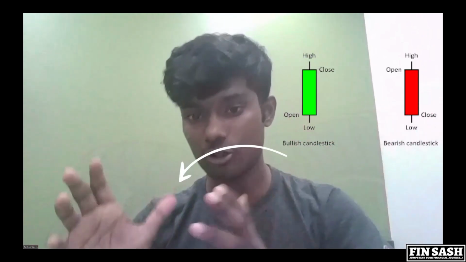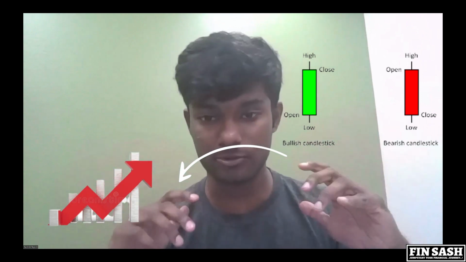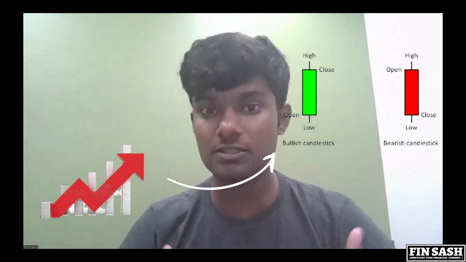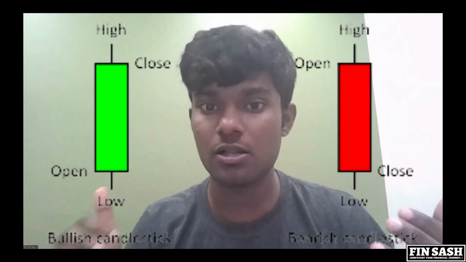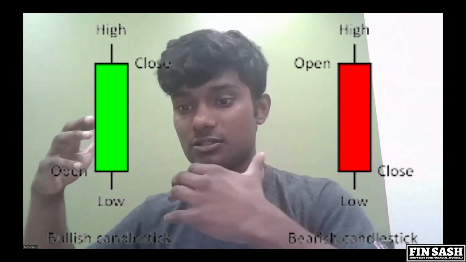Make sure you practice this and try to get a hang of the price movement, and try it with different time frames. Try it back and forth. First, maybe see the candle and draw the price, and then for some stock, maybe see the price and draw the candle. Practice it. Now you guys know what's a bullish candle, what's a bearish candle. You can predict the next movement of the market with just this candle.